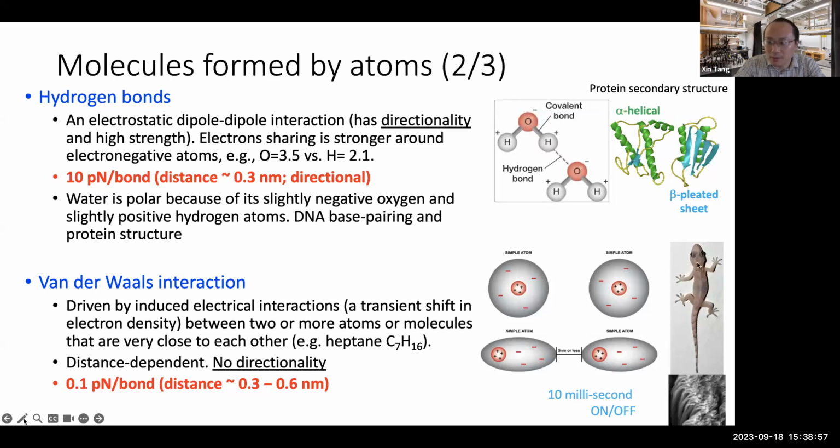In order for the gecko to move quickly, there are two features. Let me explain one by one. Two features for the gecko to run on the vertical wall, or sometimes even walk underneath the roof. The feet of the gecko have a very strong interaction with the roof, and that interaction sustains the whole weight of the gecko. For the gecko to have this capability, there are two features.